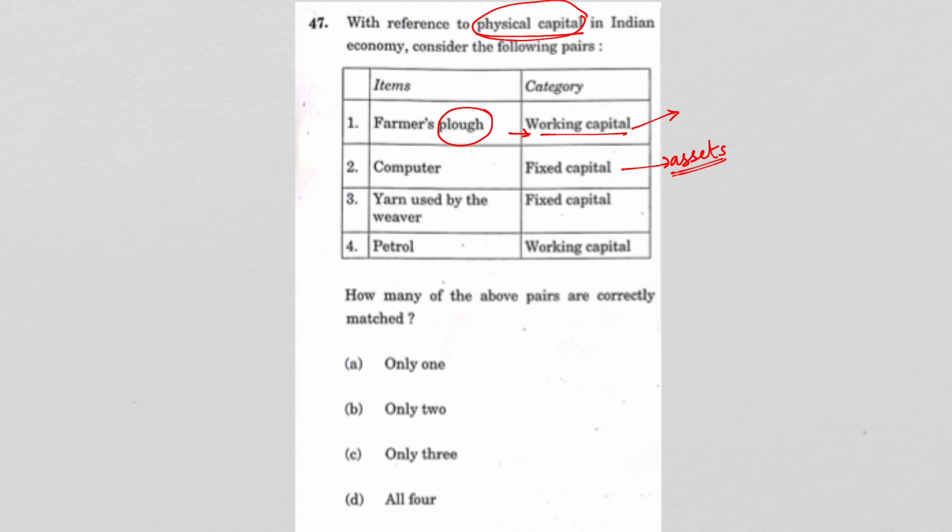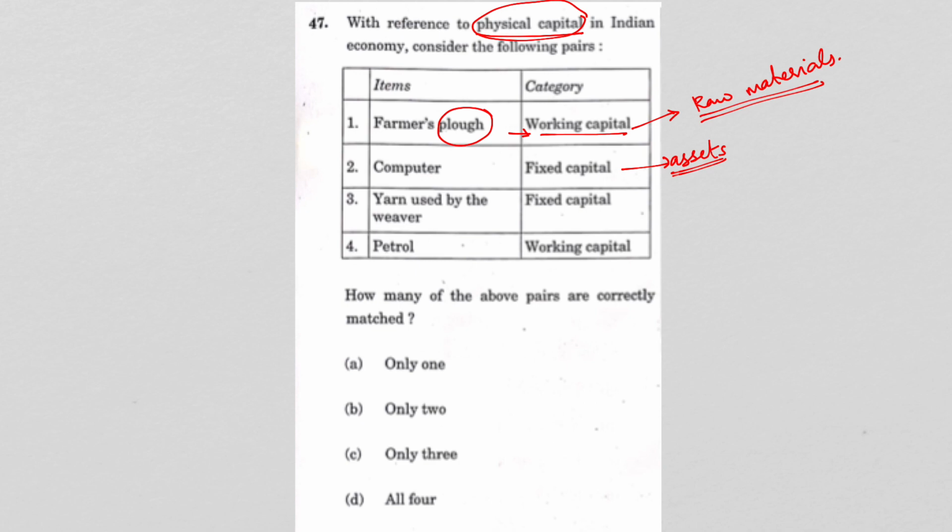Working capital mainly includes raw materials, or those things which can be used only once, and whose utility gets finished with the production of that final product. So it has less utility. This is the basic understanding that you should have.